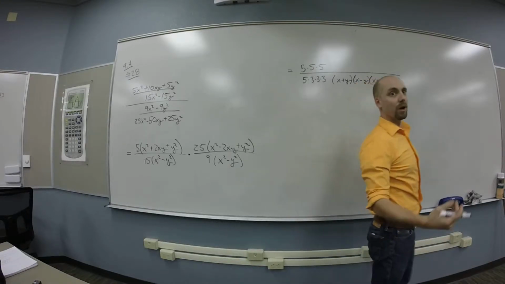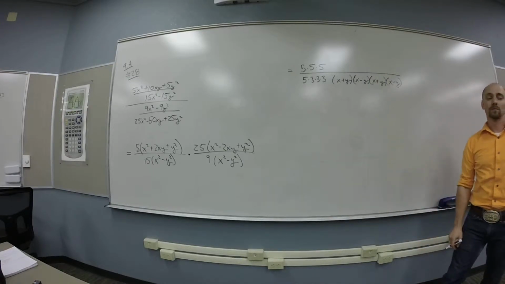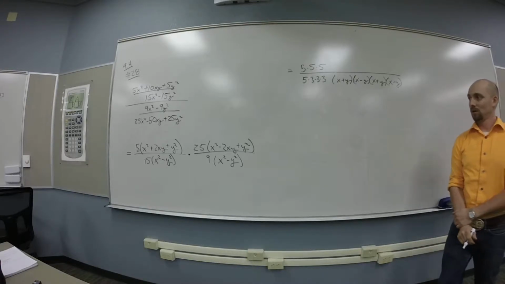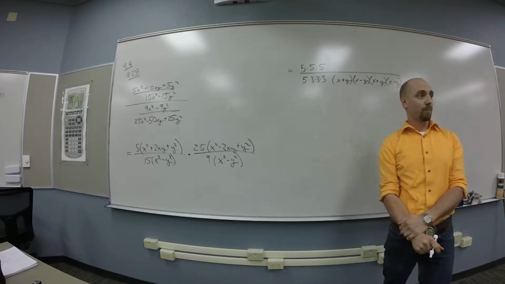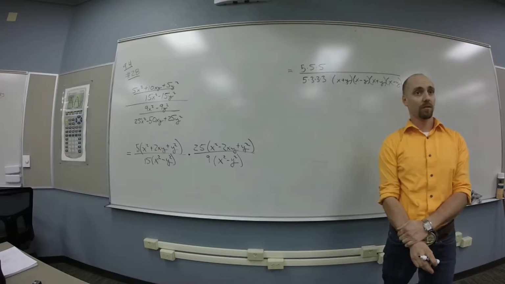I'm going to leave them this way, but you could stick them together and square each one, whatever. Okay? And then on the top, what have I got? X plus y for the first term. Oh, so you're seeing what? Those are PSTs, right? Perfect square trinomials.